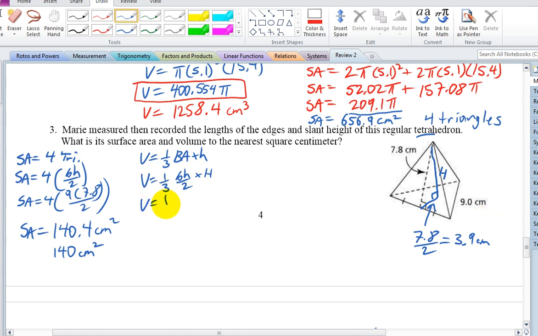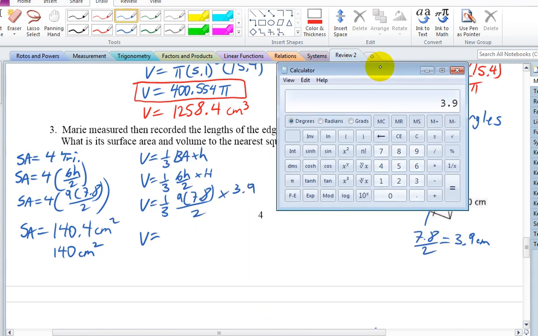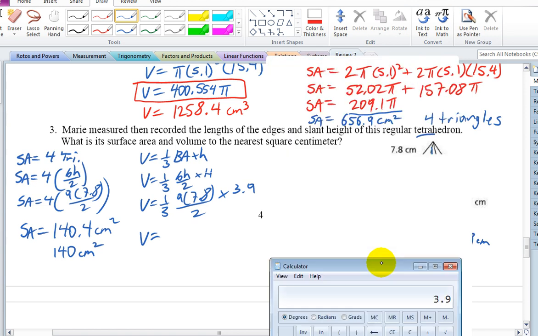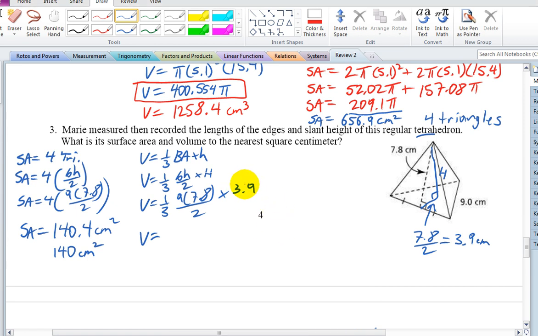So volume equals 1/3 times 9 times 7.8 divided by 2 times 3.9. I screwed that up. It's not 3.9.